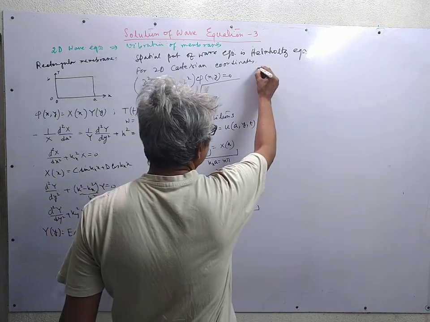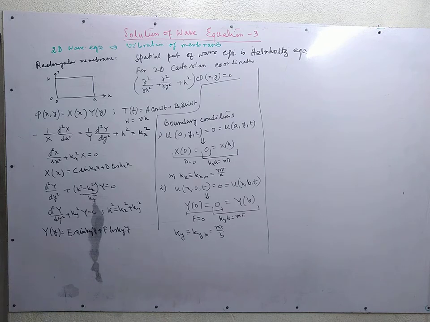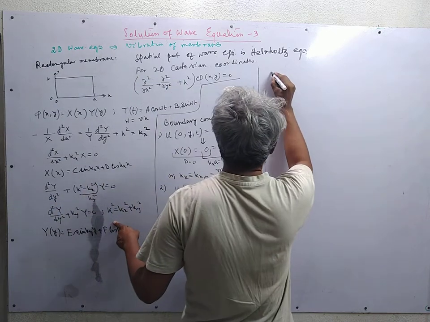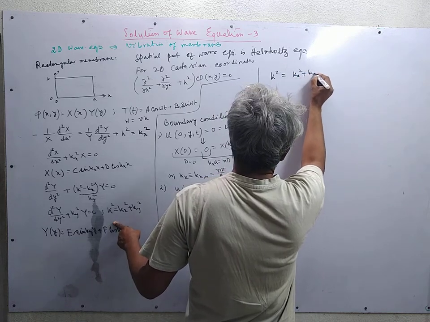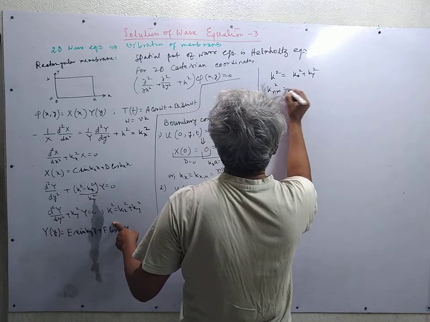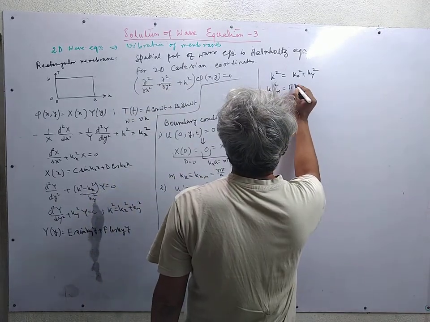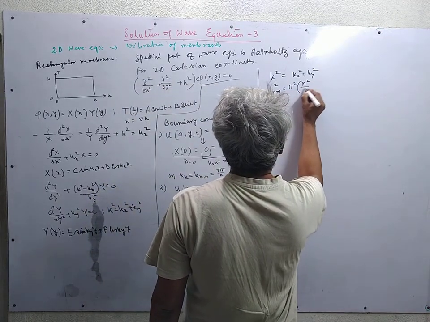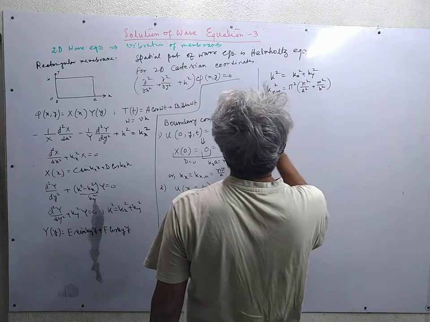Now coming to the k values. So far as its magnitude is concerned, k square is equal to kx square plus ky square. So we call knm square equal to pi square times n square by a square plus m square by b square.